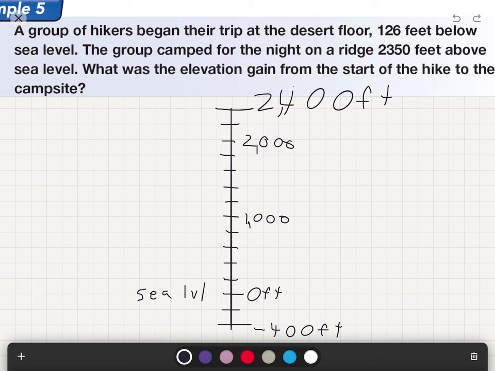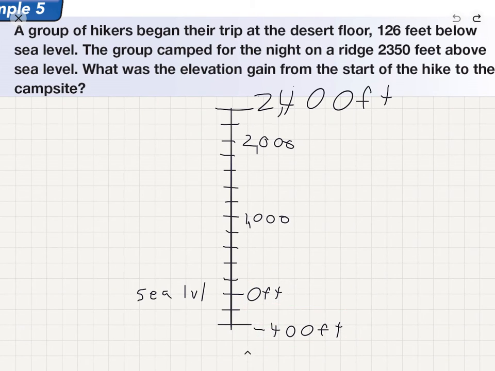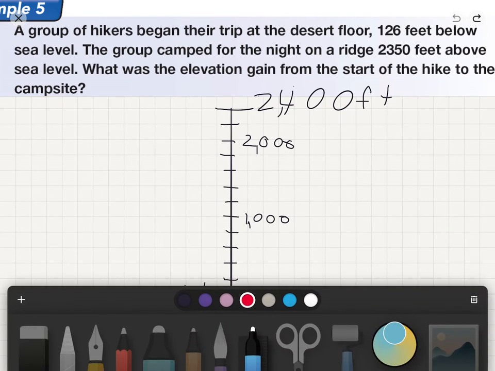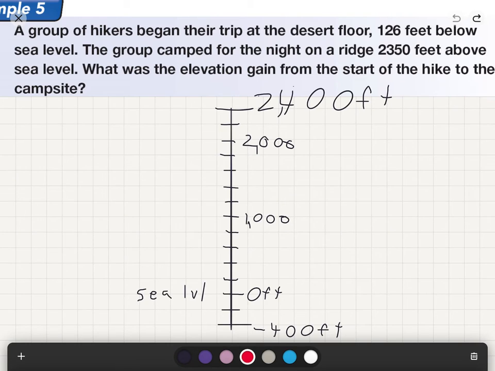All right, so we are actually starting. So here's my 0 feet. I think it goes to 400 feet, minus 400 feet elevation. And each of these increments is 200 feet at a time.